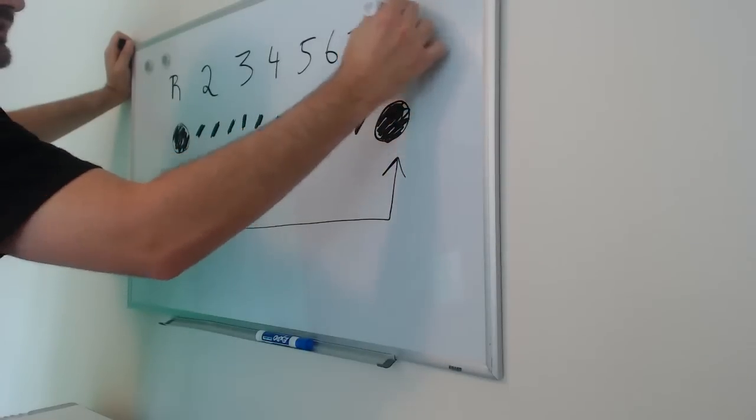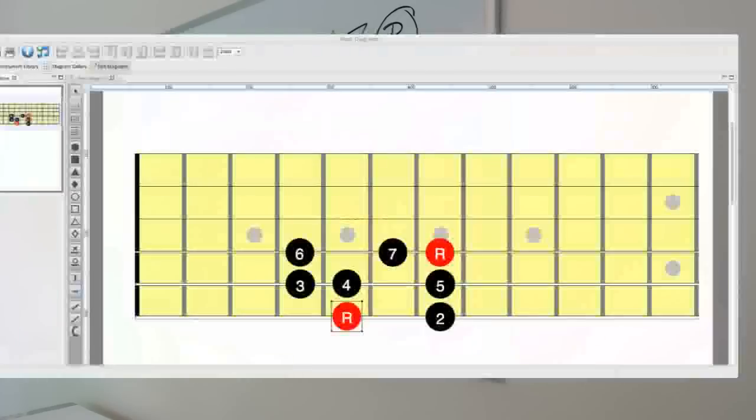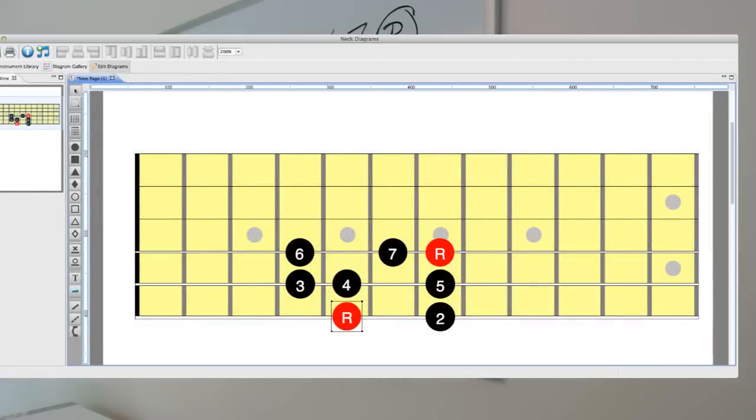It's the same. And the diagram on our guitar corresponds to this. But let's say that we want to find the major seventh of a note that is found on the 6th string, 5th fret.